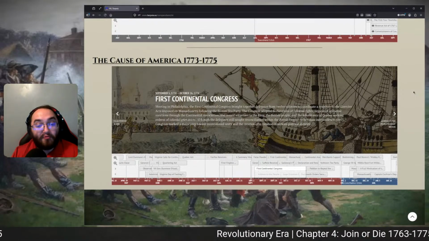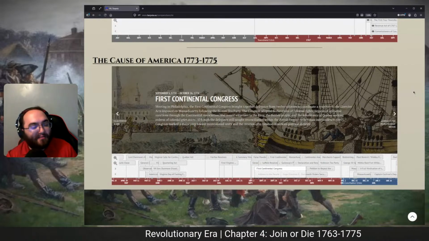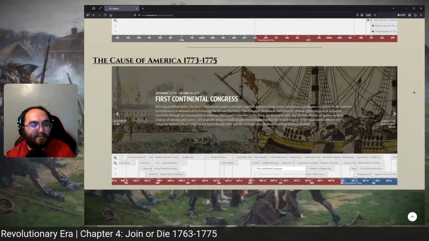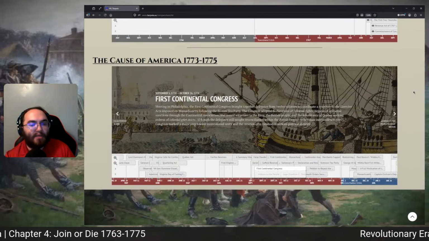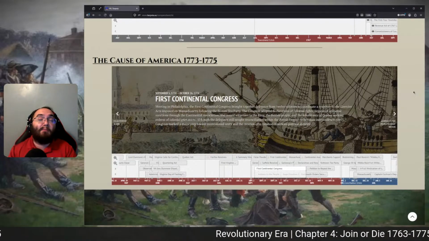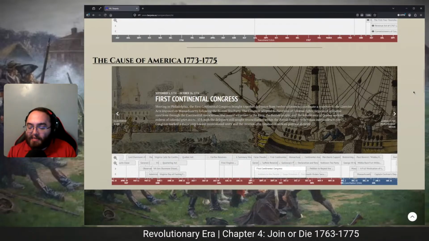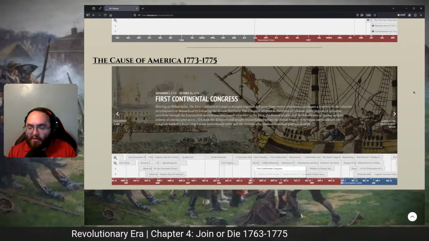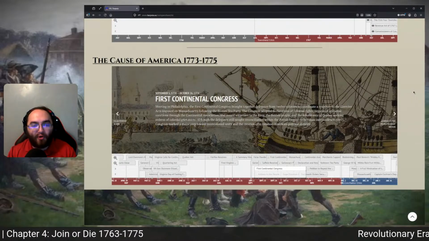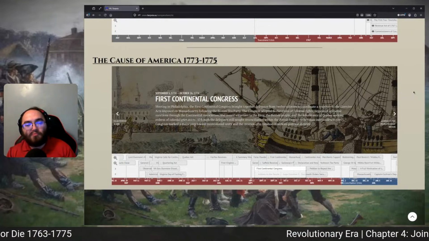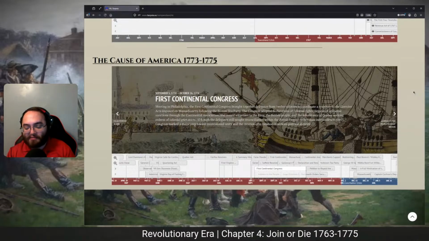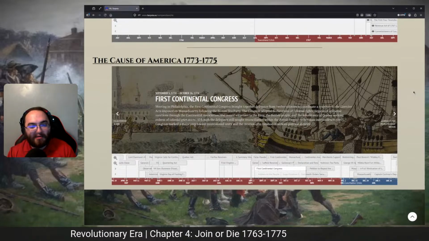So we have the First Continental Congress from September 5th to October 26, 1774, meeting in Philadelphia. This meeting took place in, I'm trying to remember the name of the building, Carpenters' Hall. It is a couple blocks away from Independence Hall, and it is a very interesting building.